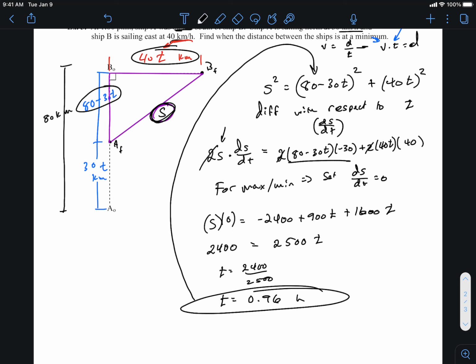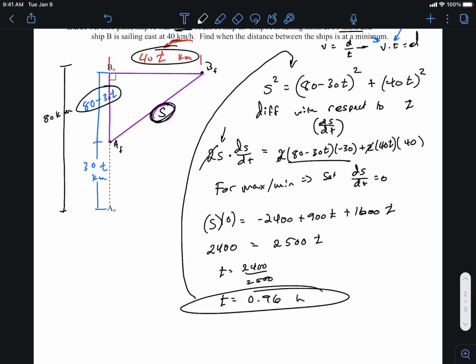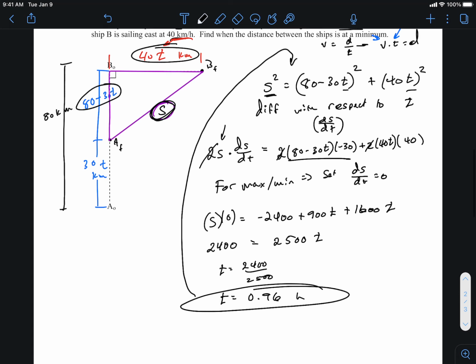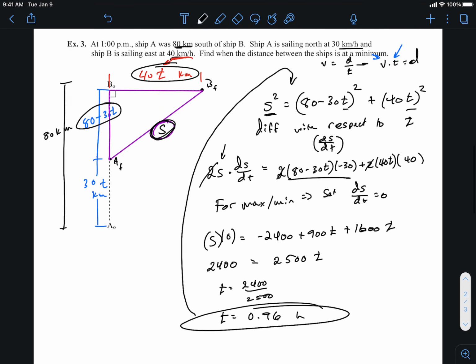Never mind, sorry, guys, not the right one. Right there. If you wanted to find the actual distance, I don't have the solution done for that, but that's what you would do. You take the time value, plug it into the t up top and solve for S. It would tell you the actual numerical value of the distance between the two ships.